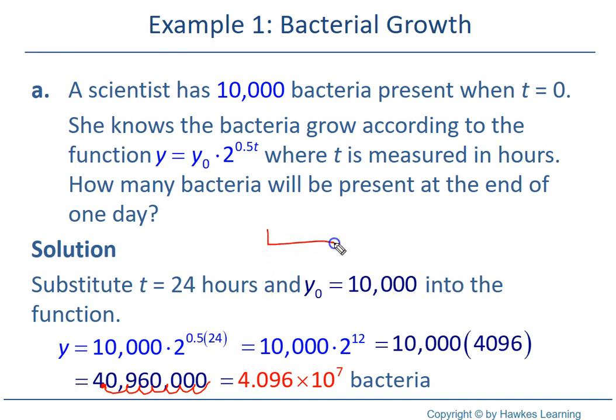So it's a number between 1 and 10 times some power of 10. And the number of decimal places we move it over, that's our exponent. And the number between 1 and 10 that we get is 4.096. And that's how they get this answer. Okay, let's go on.